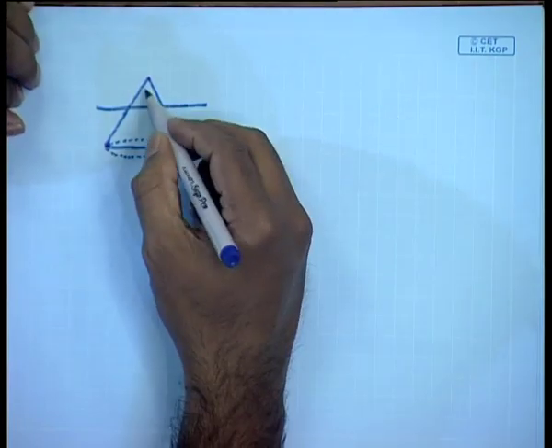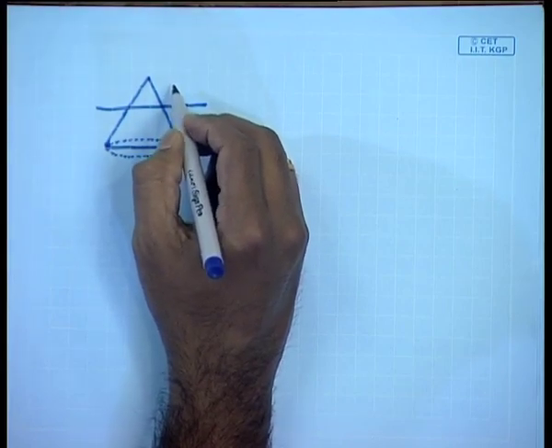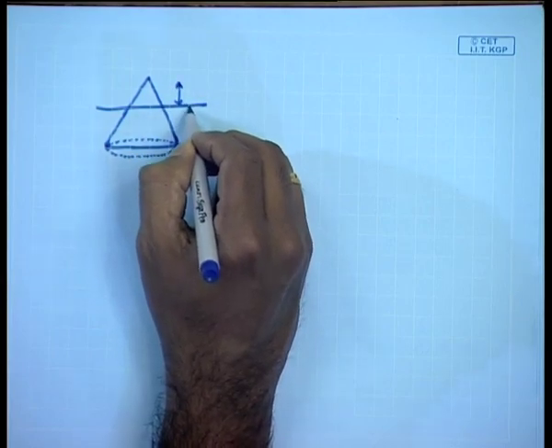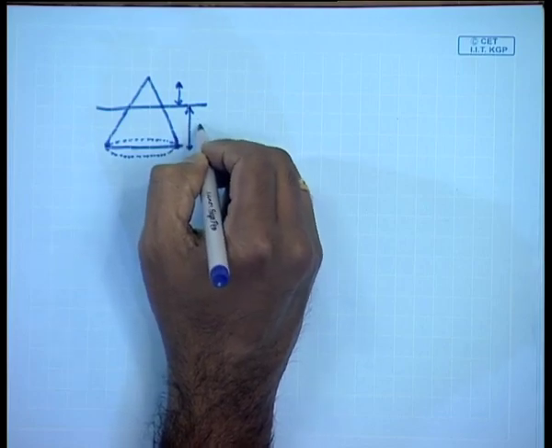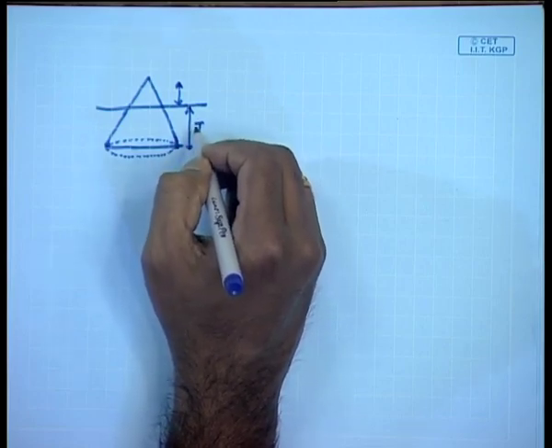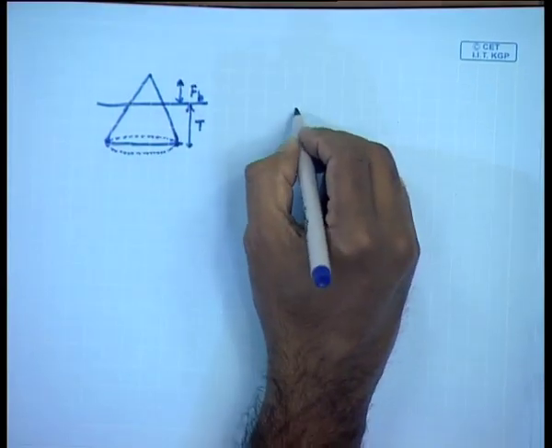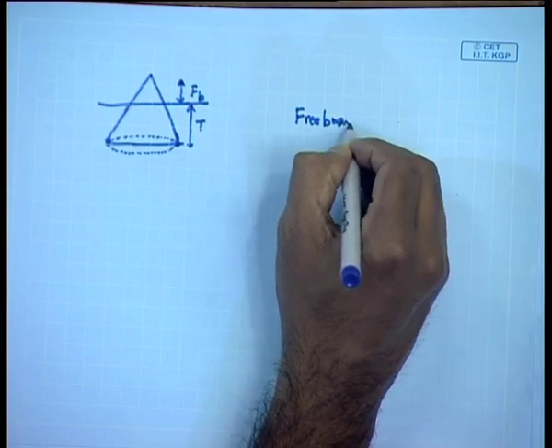Half part of the cone is outside. Let us call that distance d. This is the draft T, and this distance is FB. Usually we call the distance outside the freeboard.